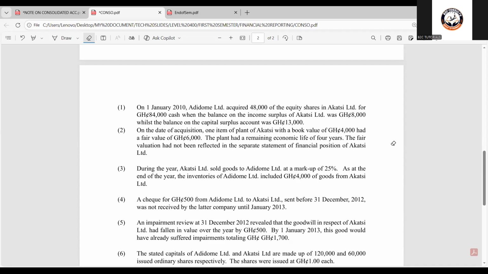On the date of acquisition, one item of plant of Akachi with a book value of 4,000 had a fair value of 6,000 Ghana cedis.